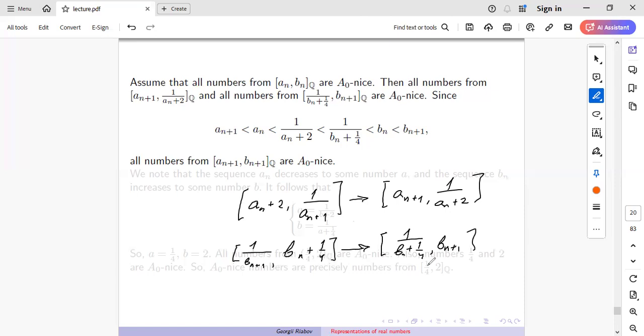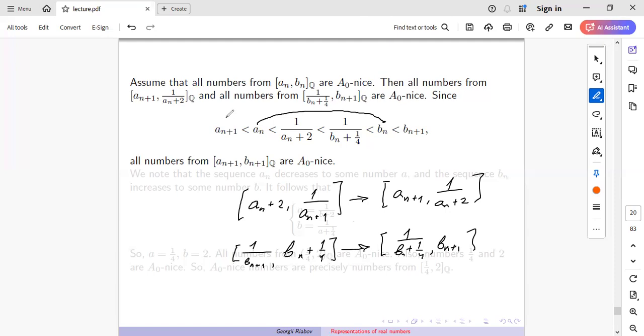And now use our relations. We proved that An plus 1 is less than An, less than 1/(An plus 2), less than 1/(Bn plus 1/4), less than Bn plus 1. We know that all rational numbers from the segment An, Bn are nice.